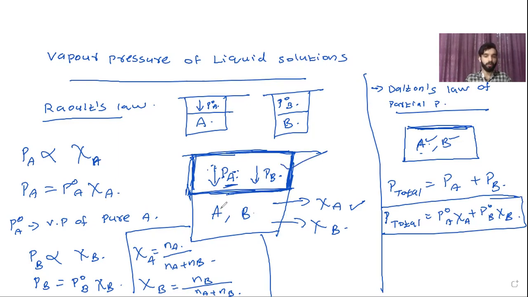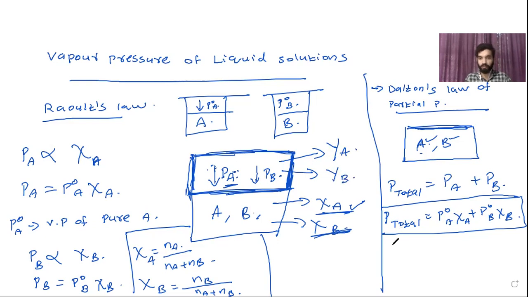Then one more thing we should know: sometimes the question may be to find the composition of the components in the vapor phase. What are the mole fractions of A and B in the vapor phase? We know this chi A and chi B are the mole fractions of A and B in the solution, right? Similarly, for the mole fraction of A in the vapor phase, let's put another symbol YA, and the mole fraction of B in the vapor phase be YB.